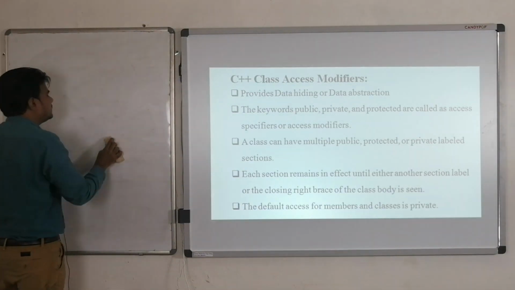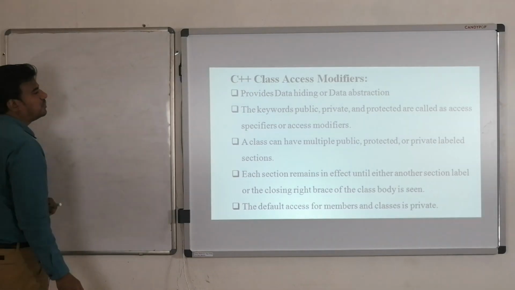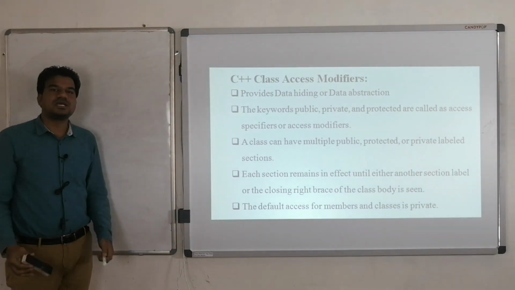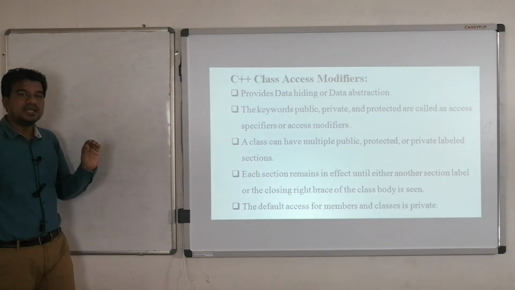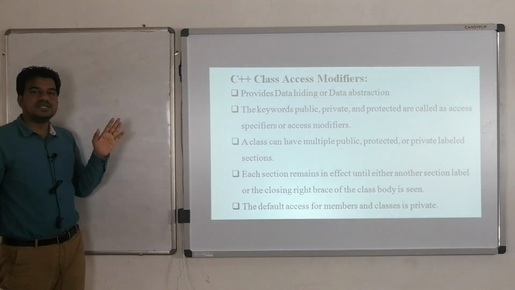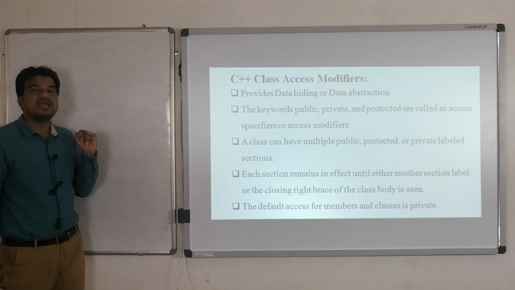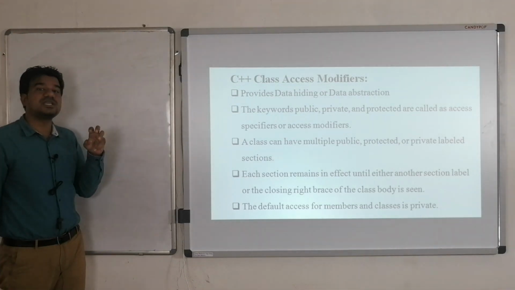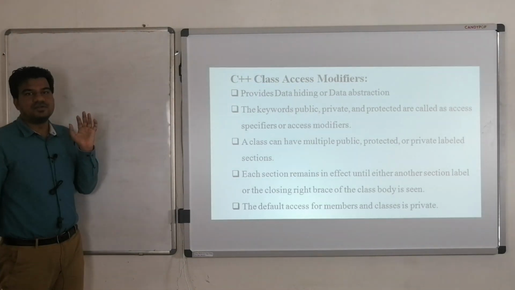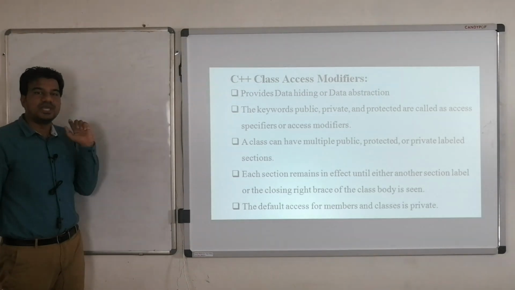One of the important features of object oriented programming is providing the security to the data. I told you when we discussed the differences between structural and object oriented programming. In structural programming we are focusing more on logic, and we are not giving that much attention to the data.